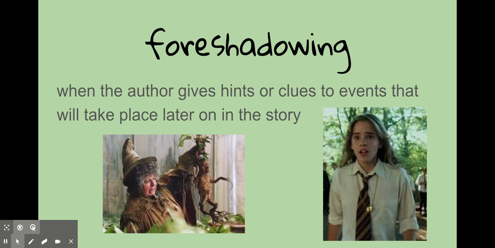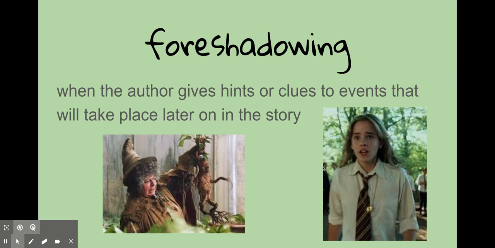Later in that particular movie or book, we see some of the characters get transfigured. We didn't realize that when they were doing the herbology class earlier, but we figured out later that, oh, that's why J.K. Rowling, the writer, put that in there, because later it was going to be useful.